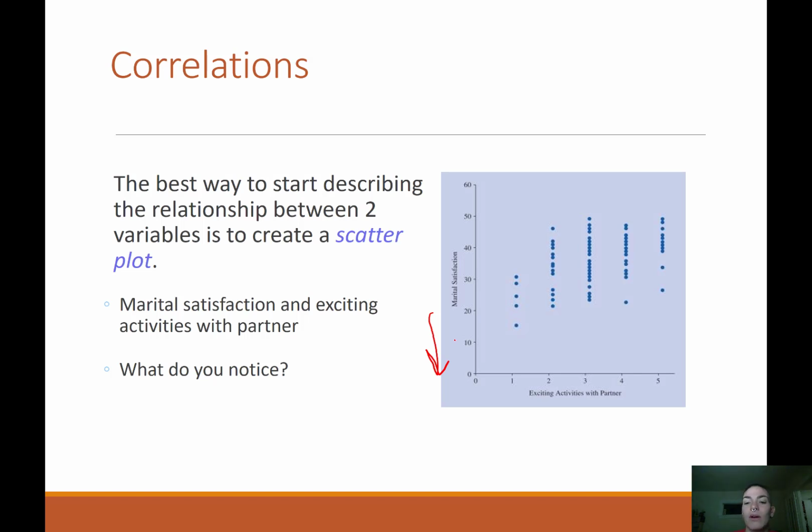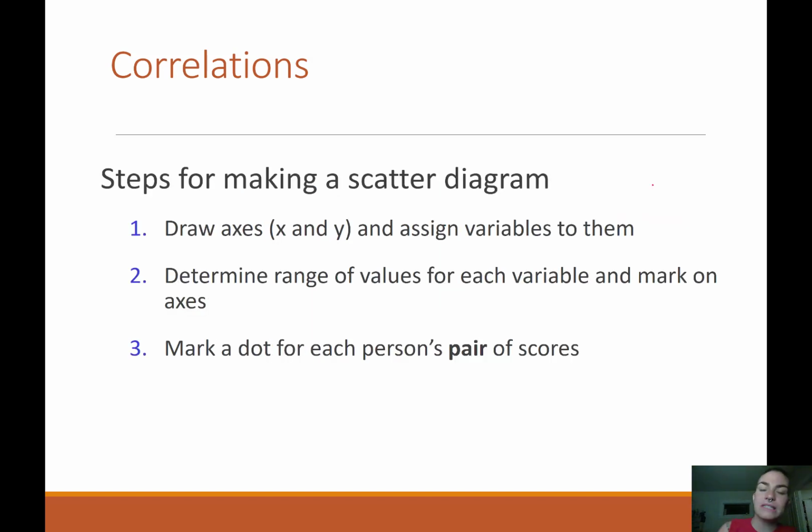And then people who are on the higher end of marital satisfaction tend to have more exciting activities with their partners. So you can see that there tends to be a relationship here. And you can see how important visualizing the relationship between two variables can be and how much information it can give us right away.